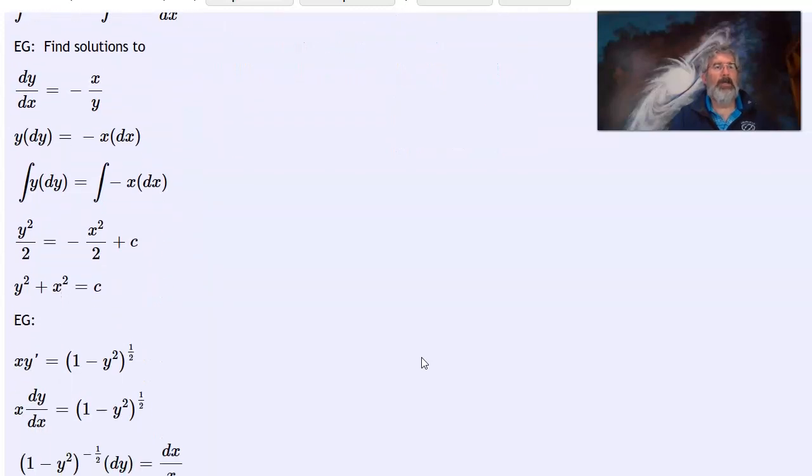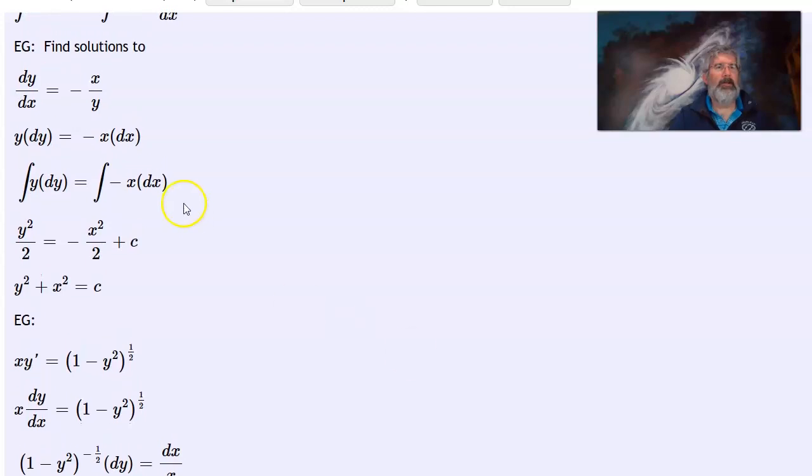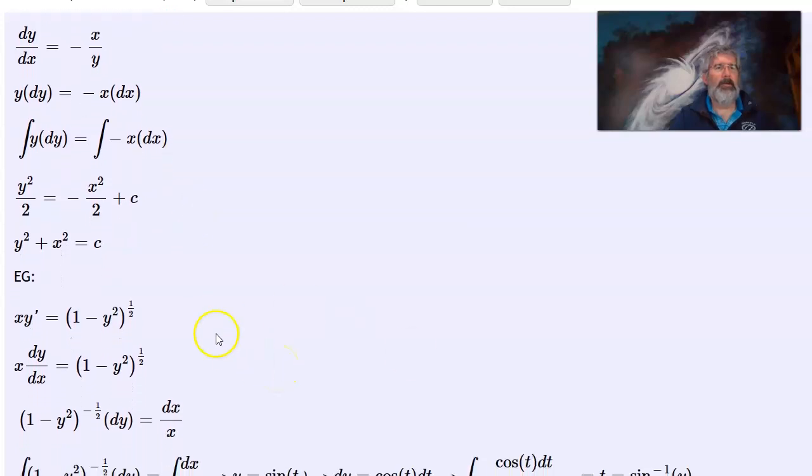Okay, so I wanted to show a couple of examples here. We already did one in a previous video. Here's another one: x y prime equals the square root of 1 minus y squared. It is separable.